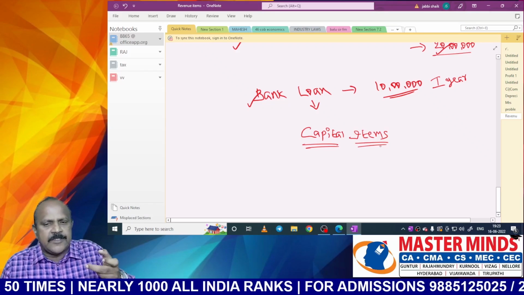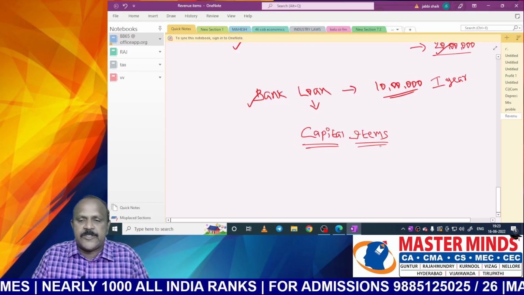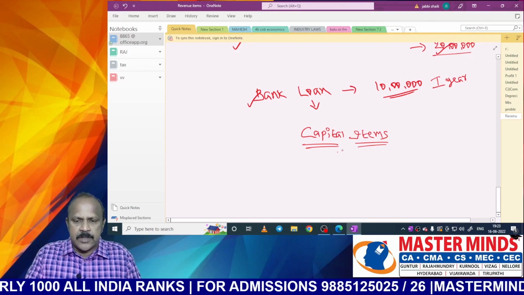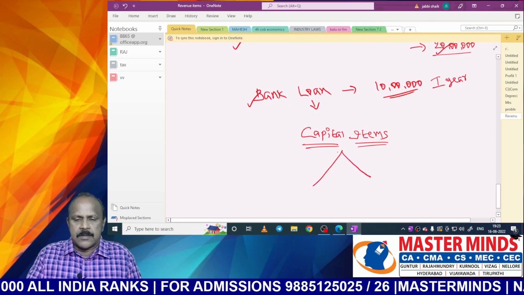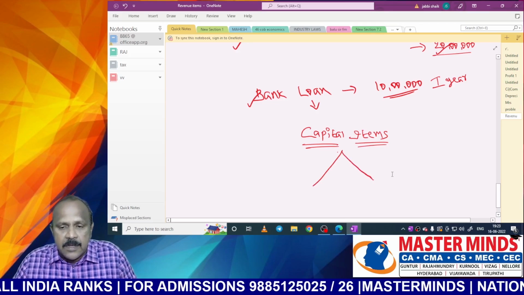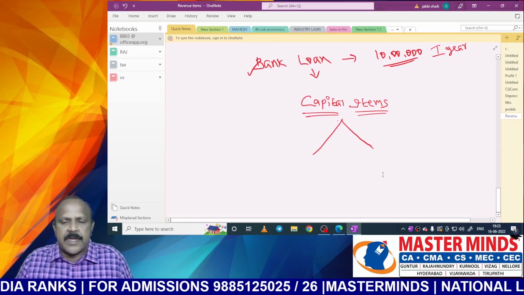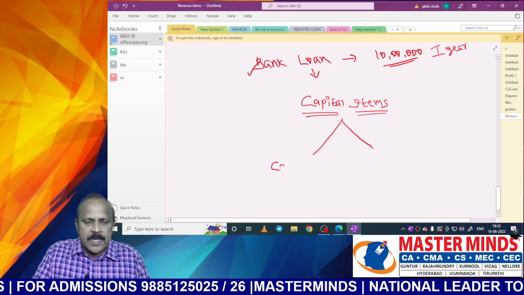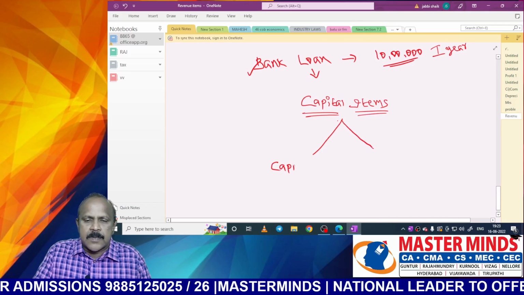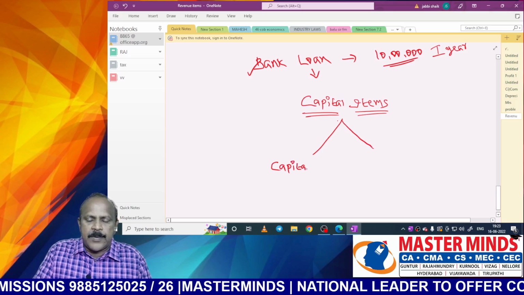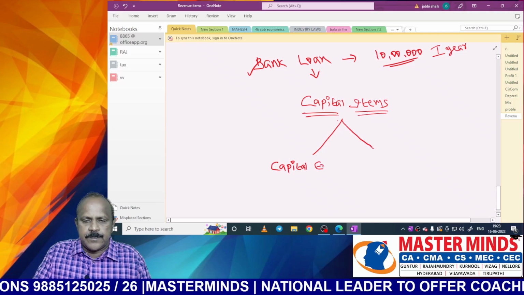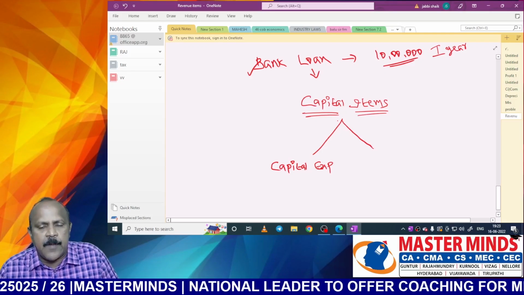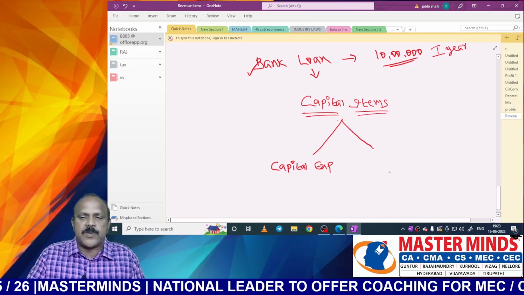If a capital item is of payment nature, if we incur something on a capital item, it is called capital expenditure.